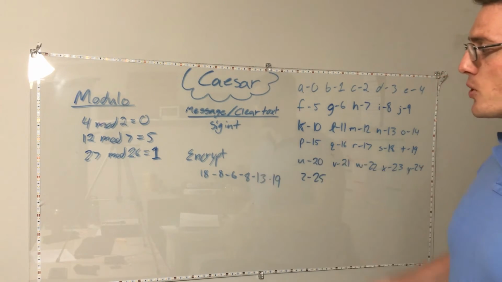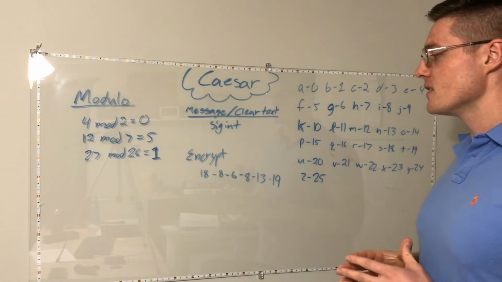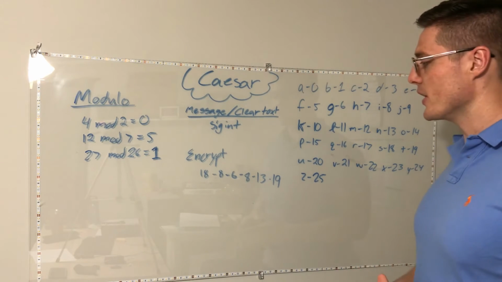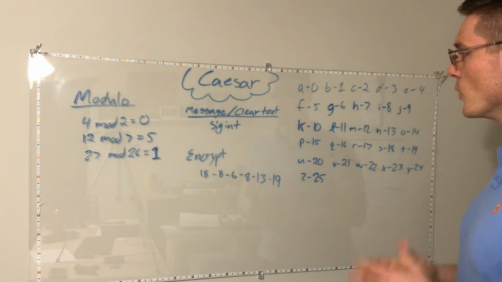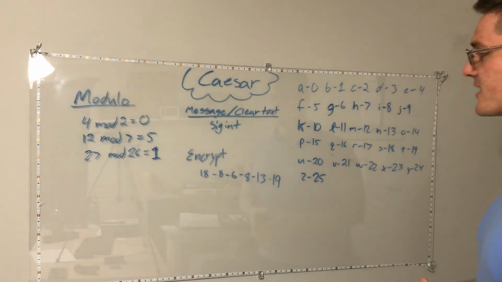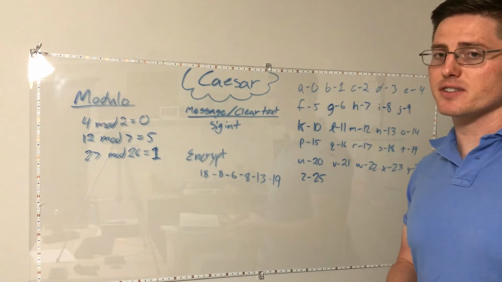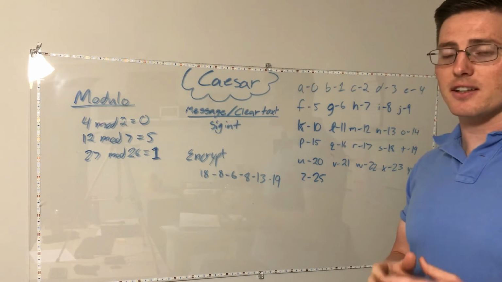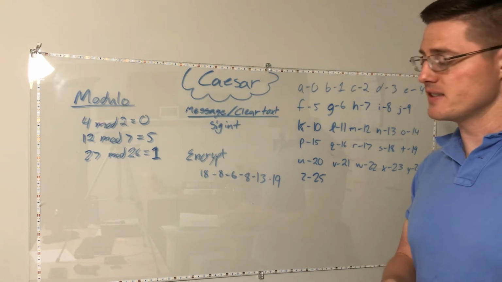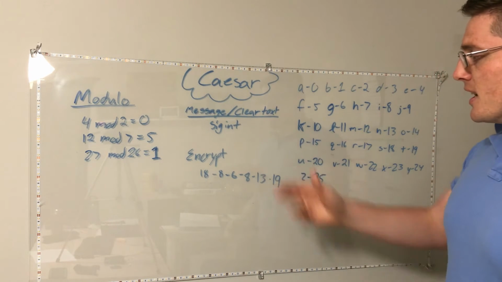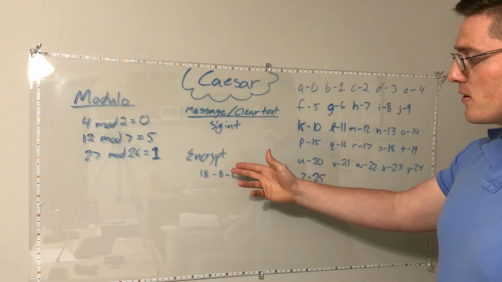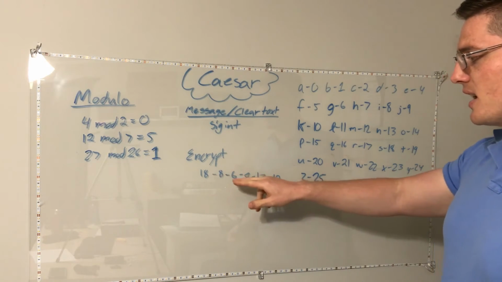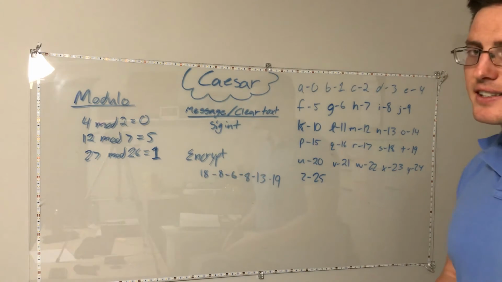So in this example, we're going to use SIGINT. And before the video started, I encoded SIGINT with the particular ASCII values subtracted 97, since the lowercase a starts at 97. In this example, SIGINT will then translate into 18, 8, 6, 8, 13, and 19.